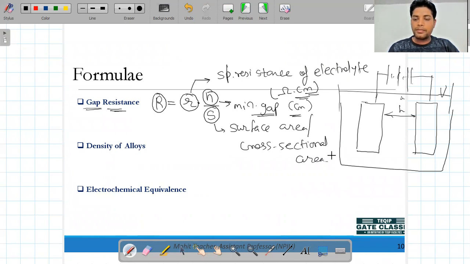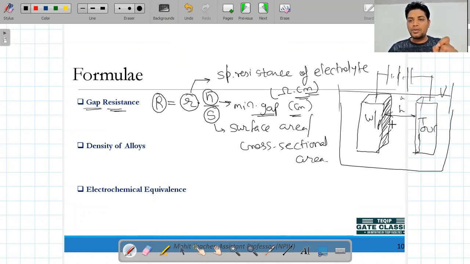Cross sectional area means, for example, this is the workpiece and this is the tool. It has some width and some cross sectional area, because this is the gap, and this surface area is the only part which is in front of the tool.